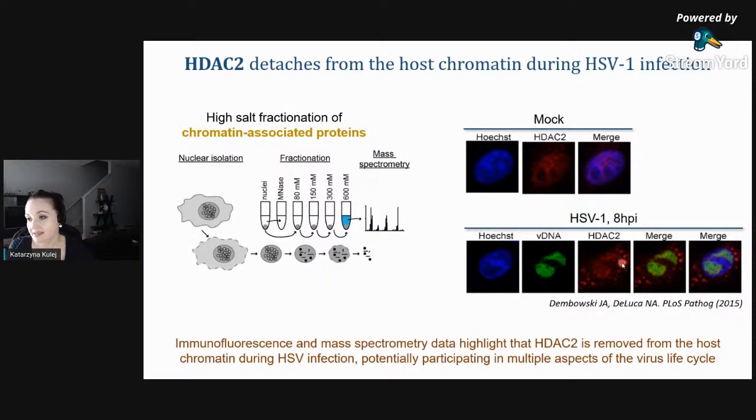And even a subset of HDAC2 is sent out of the nucleus, which is labeled by DAPI in blue, to the cytoplasm. So we can see that we have an increase of the histone acetyltransferases from the previous slide, and here we have a decrease of the histone deacetylases, which even more supports the idea that indeed we have an increase of acetylome on the host chromatin.